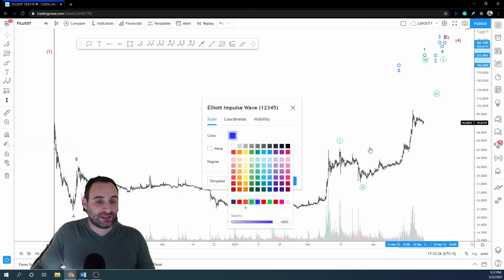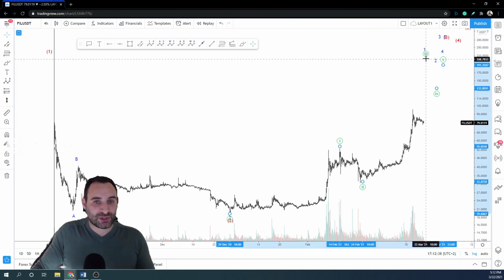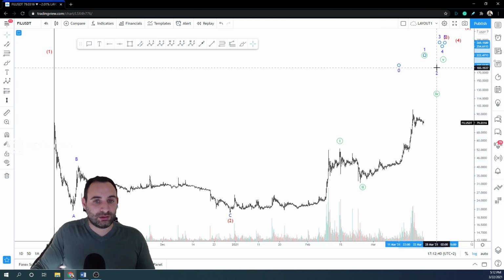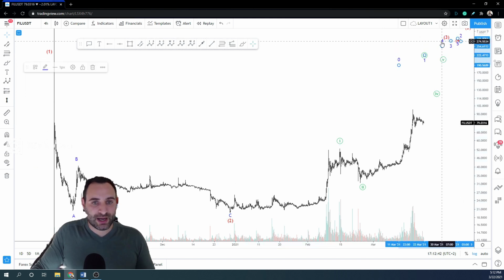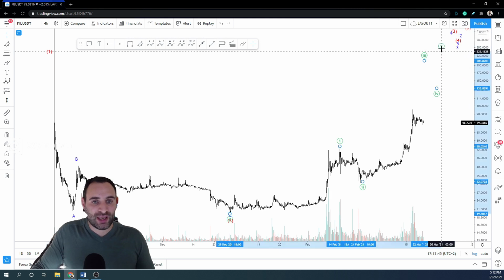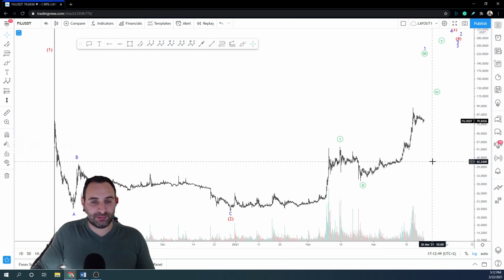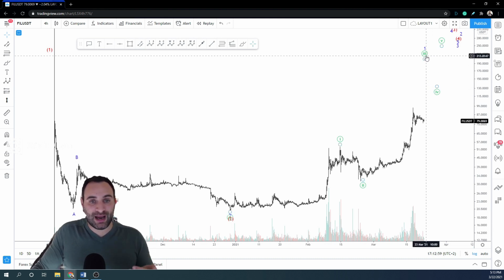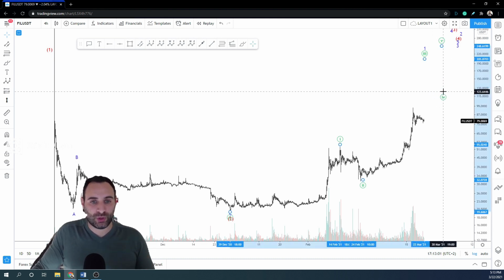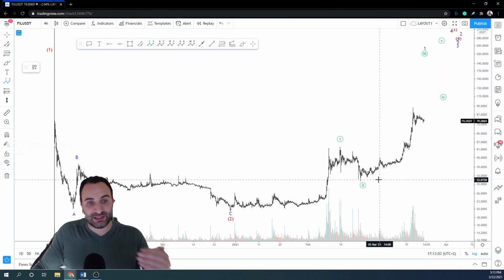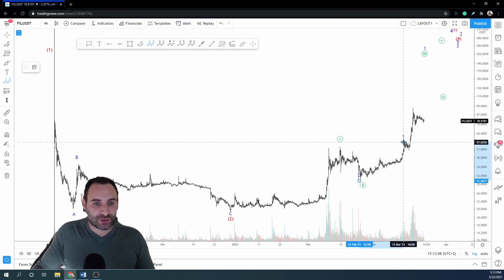So in the internal structure, currently, as we speak, guys, we are in wave one, in minor wave one, okay? And we are in minute wave three of that wave, which means internally, from that low and up, we've got another structure over here.